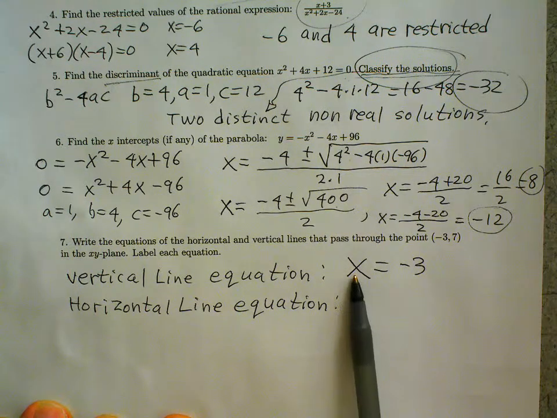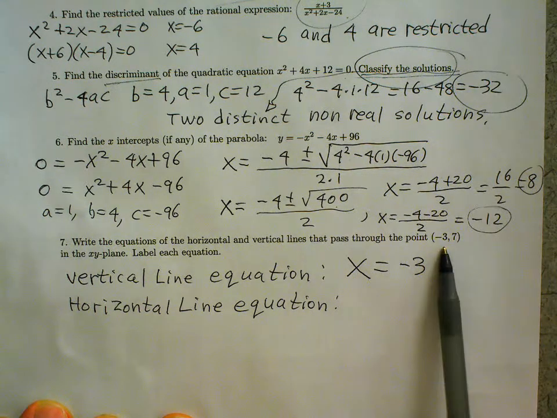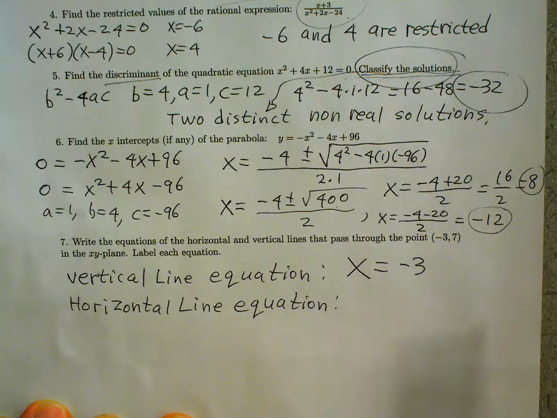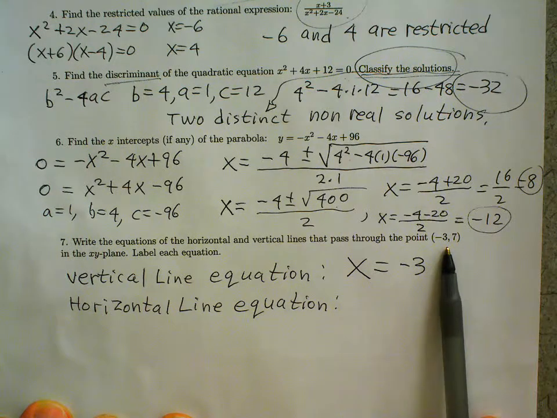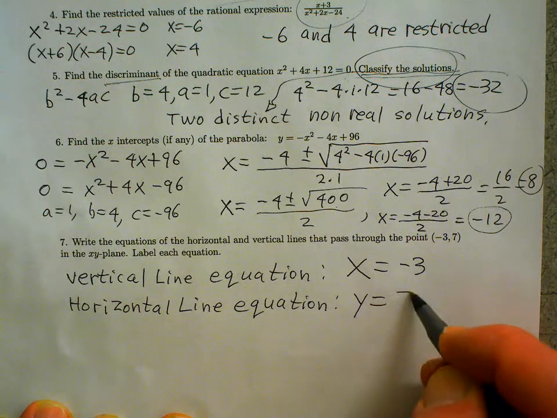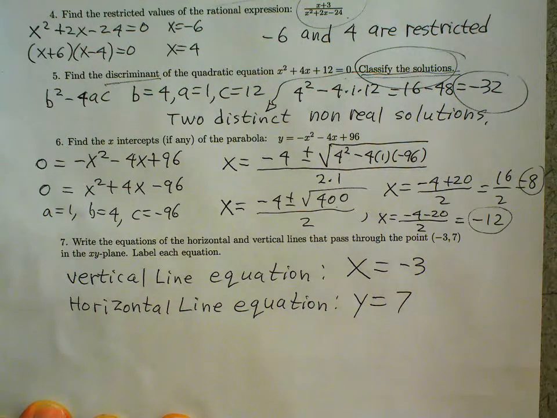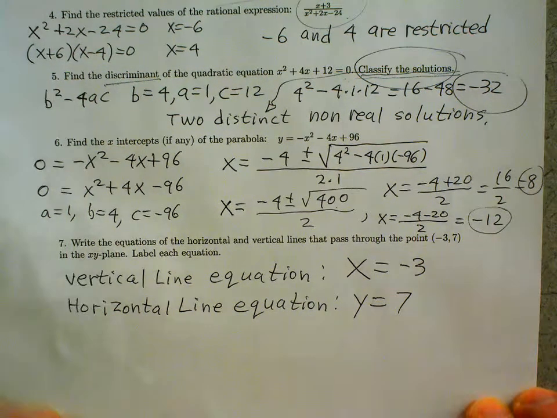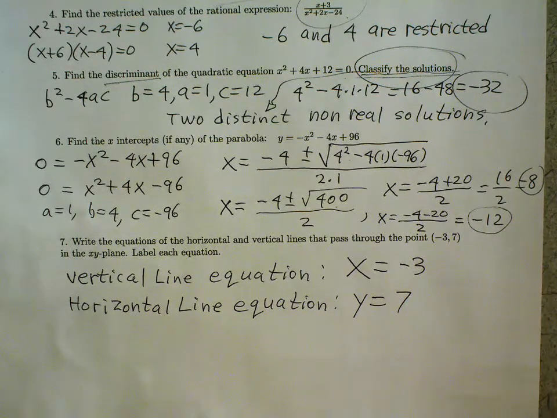We need x equals -3 for the vertical line equation. And then the horizontal line equation through that same ordered pair is y equals 7. All right, next page.